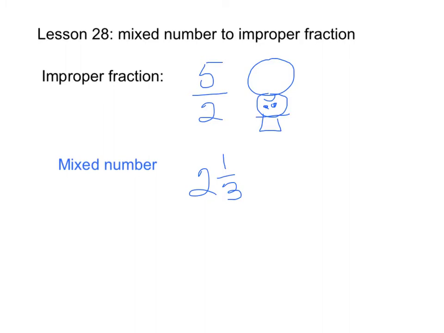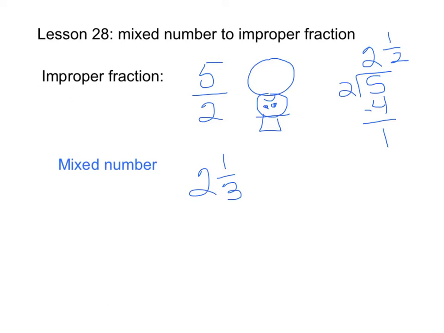A mixed number was called a mixed number because it was a combination or a mixture of a whole number and a fraction. So you had a whole number next to a fraction, and so they call it a mixed number. Last lesson, you learned how to change this improper fraction into a mixed number by dividing bottom into top, remainder is the numerator.